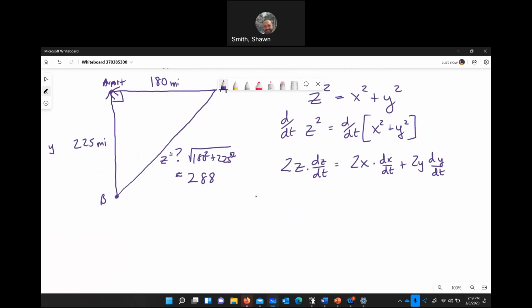When z is 288, so 2 times 288 times dz/dt, which is going to be our unknown, equals 2 times the x value for that moment, which is 180, times the rate of change of plane A, 120 miles per hour, plus 2 times the y value, 225, times the rate of change of plane B, 150 miles per hour.